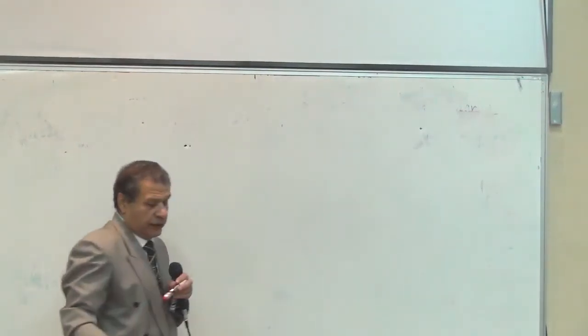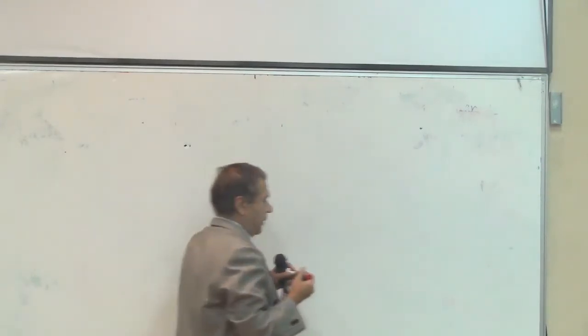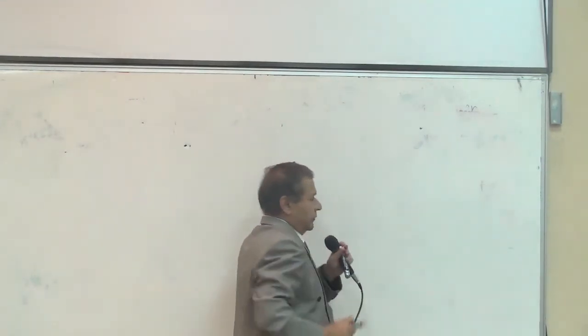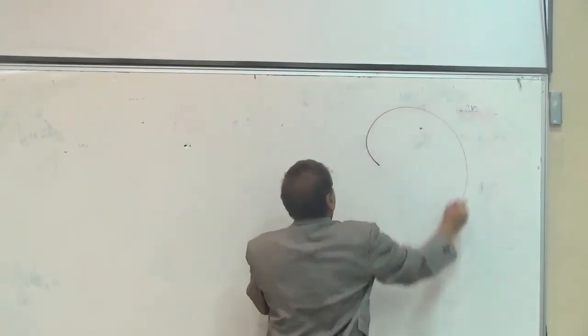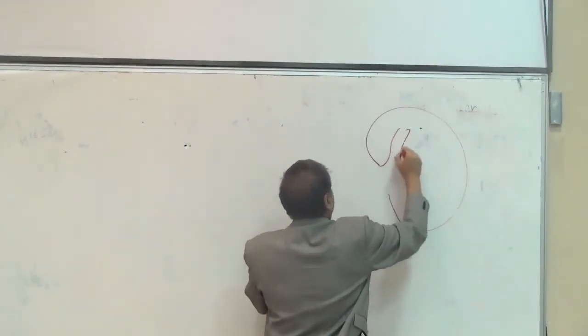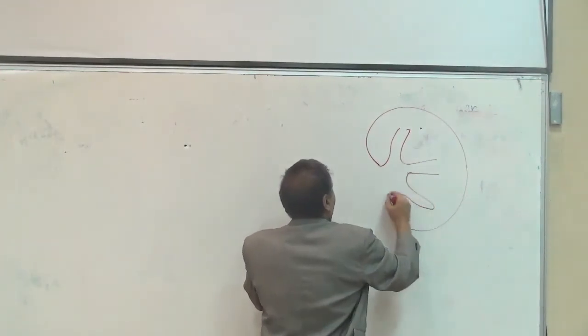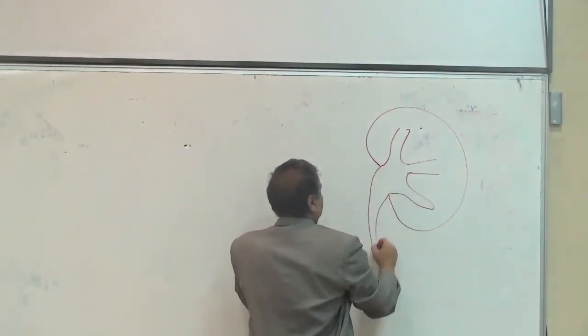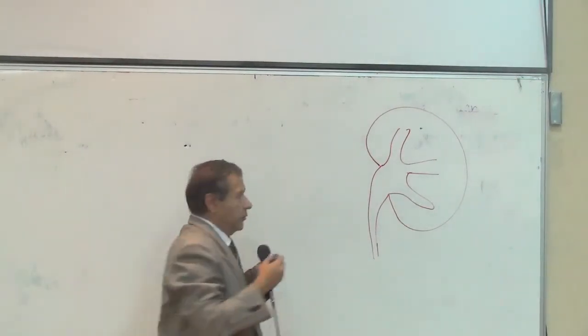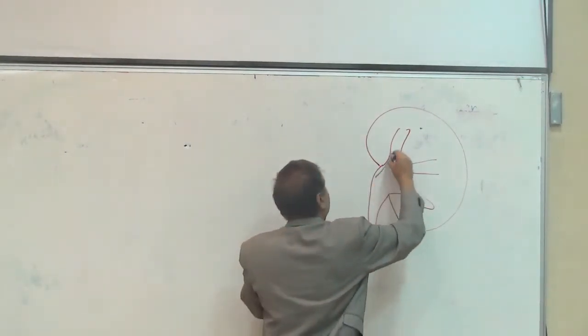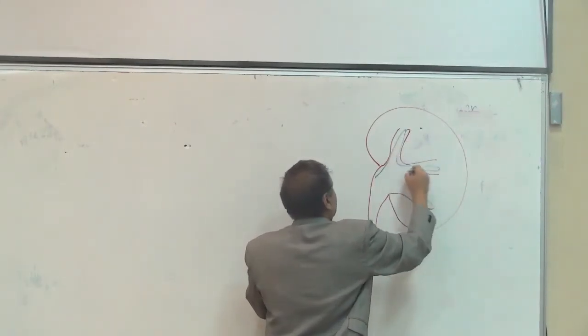Another important point in the kidney is stone kidney. Usually a stone kidney has a large size. This is the calyces, and this is the pelvis of the kidney, and this is the ureter. Usually the stone becomes enlarged and becomes a stag horn stone.